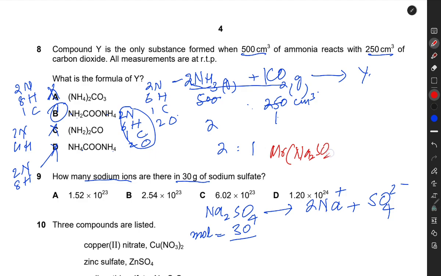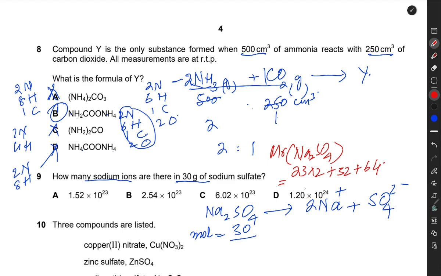Mr of sodium sulfate is 23 into 2 plus 32 plus 64.